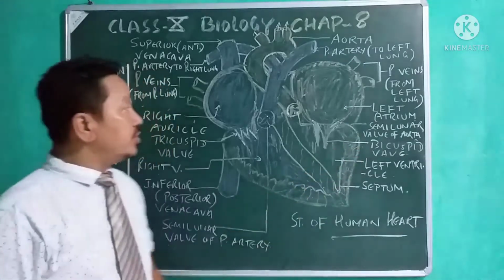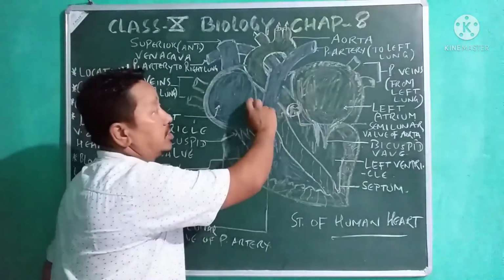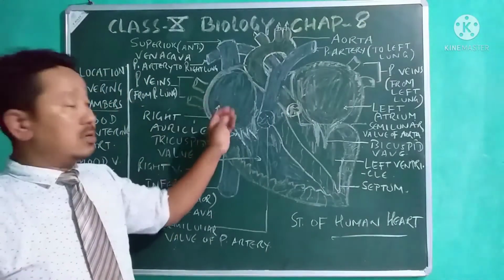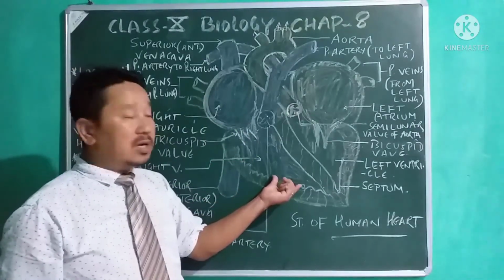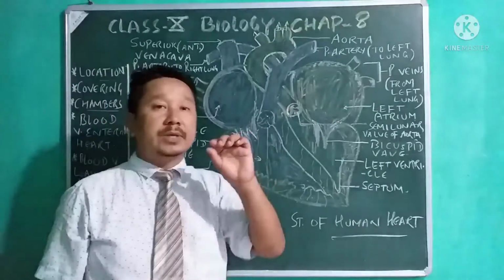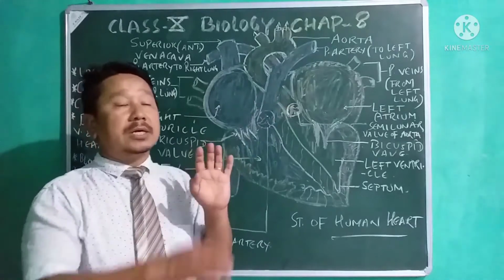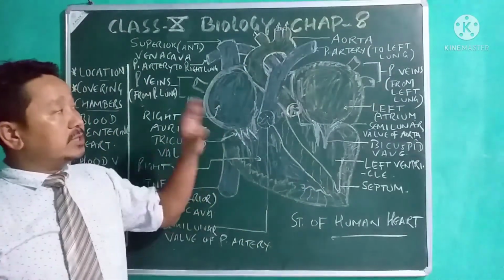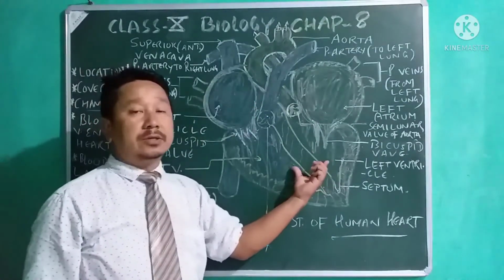The atria, or auricles, have comparatively thinner walls than the ventricles. Why? Because they just have to receive the blood from the lungs and supply it to the lower chambers.